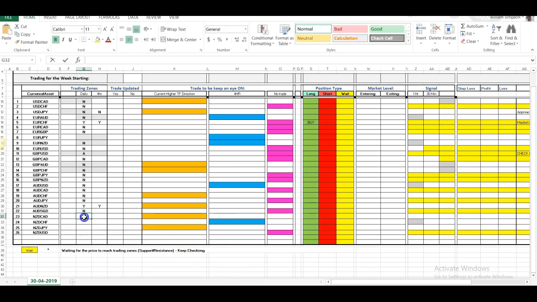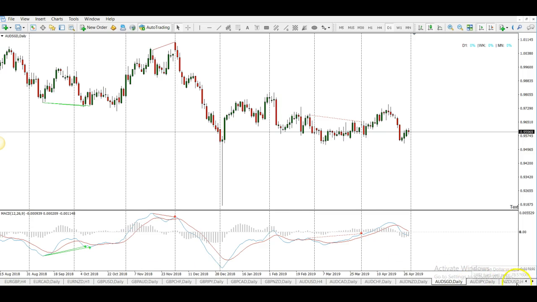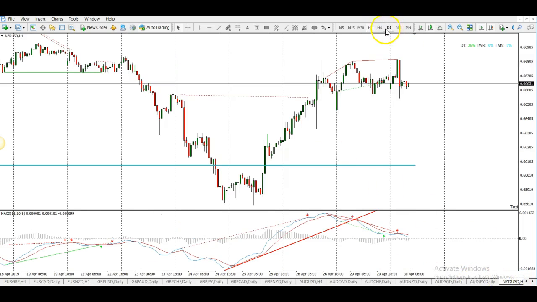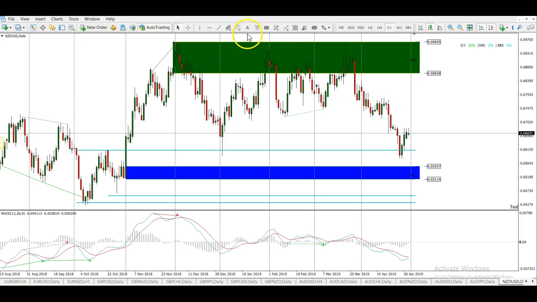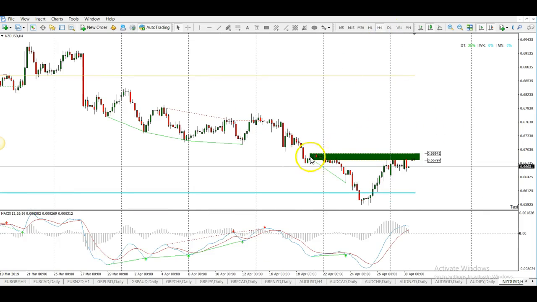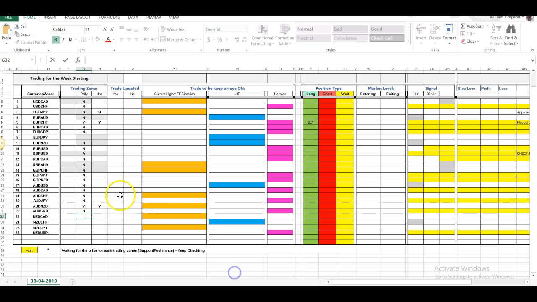Next one, the Kiwi pairs, Kiwi USD. Let's just hit this small daily zone here. See, let's hit it. We're getting a reaction from it, and there's no trade, so it's already hit it. So no.